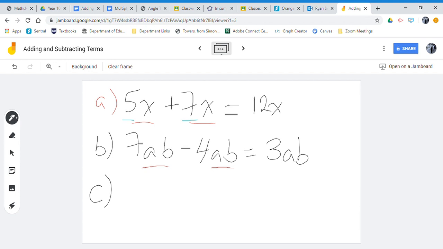Last example. Let's do 3x minus 2y. When you look at this one, can we do this one? Cannot. It cannot be simplified.